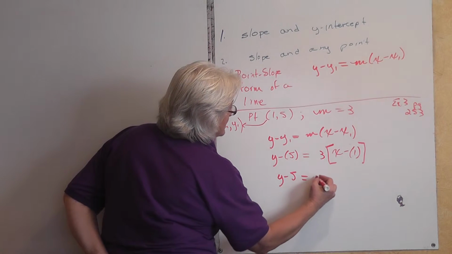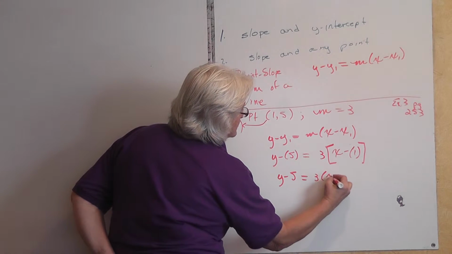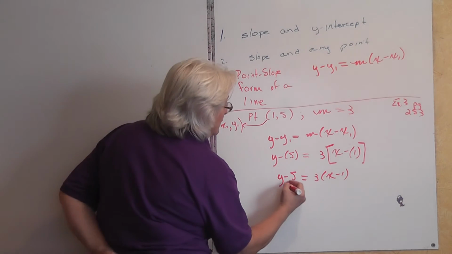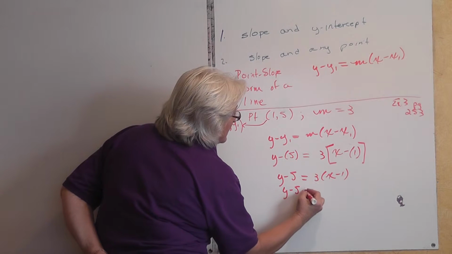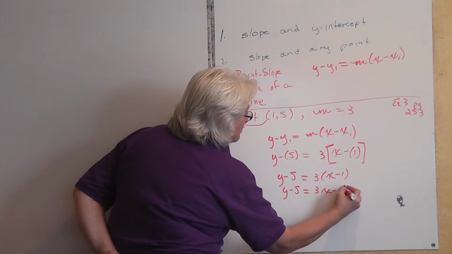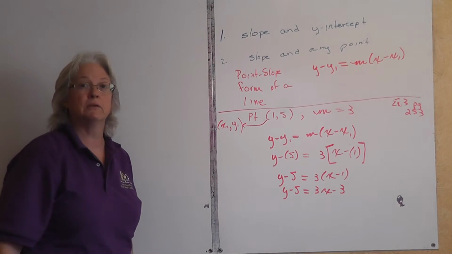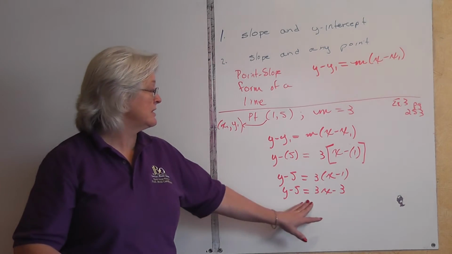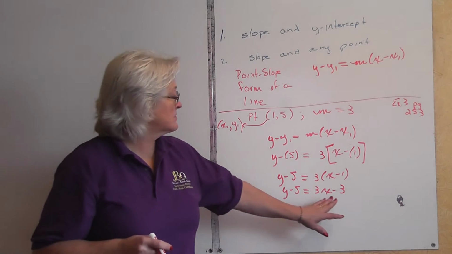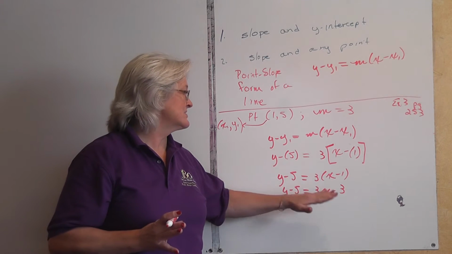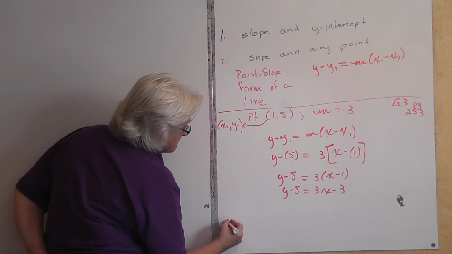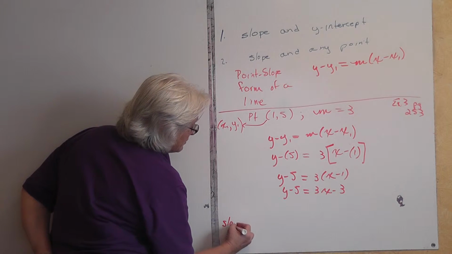Y minus 5 is equal to 3 times x minus 1. Well, we have to distribute our 3. Y minus 5 is equal to 3 times x, 3 times negative 1, minus 3. We're getting closer. Y minus 5 is equal to 3x minus 3, but this is not sufficient. Let's take this into the slope-intercept form of the line.